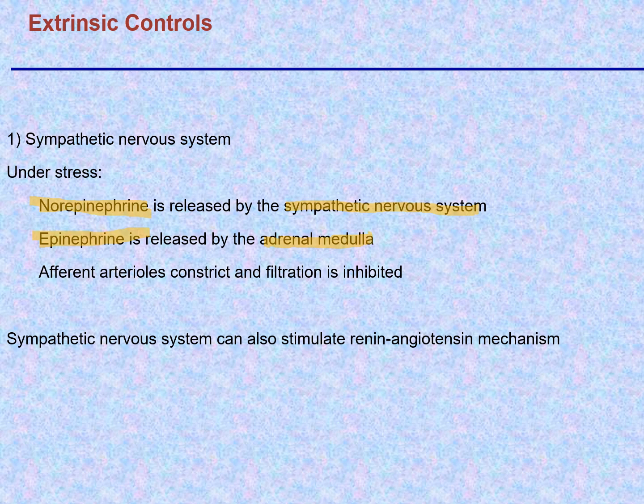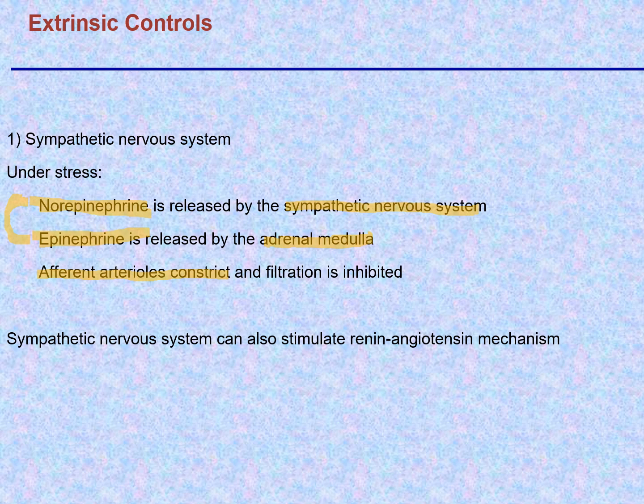And so these two sympathetic neurotransmitters can have an effect on the afferent arterioles to cause them to constrict and therefore decrease flow into the glomeruli, thus decreasing the glomerular hydrostatic pressure, the blood pressure in the glomerular capillaries within the Bowman capsules, or the glomerular capsule.